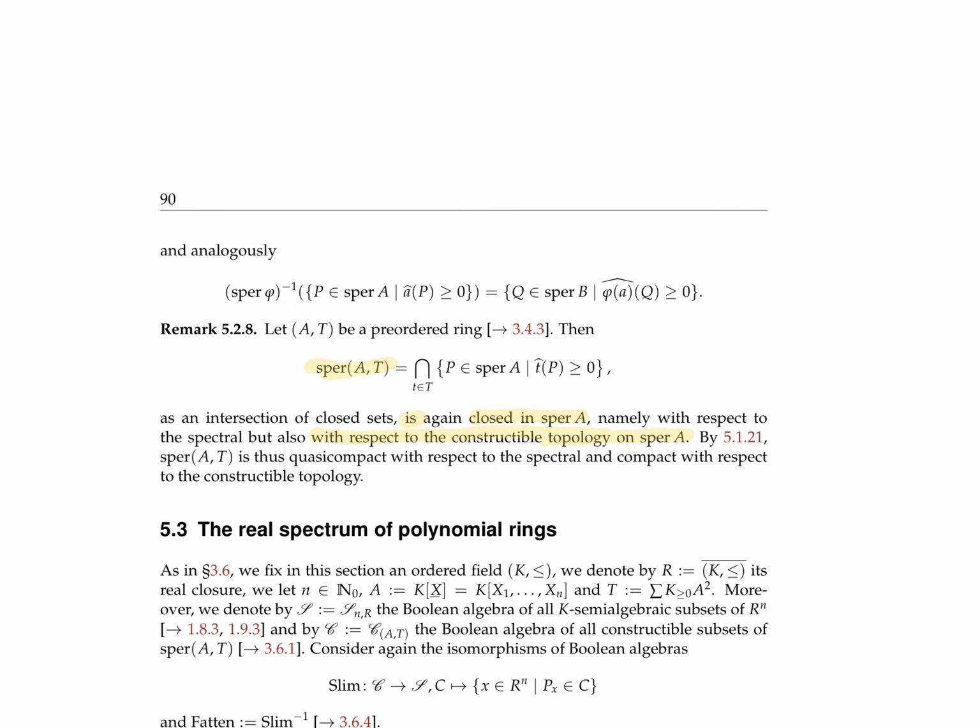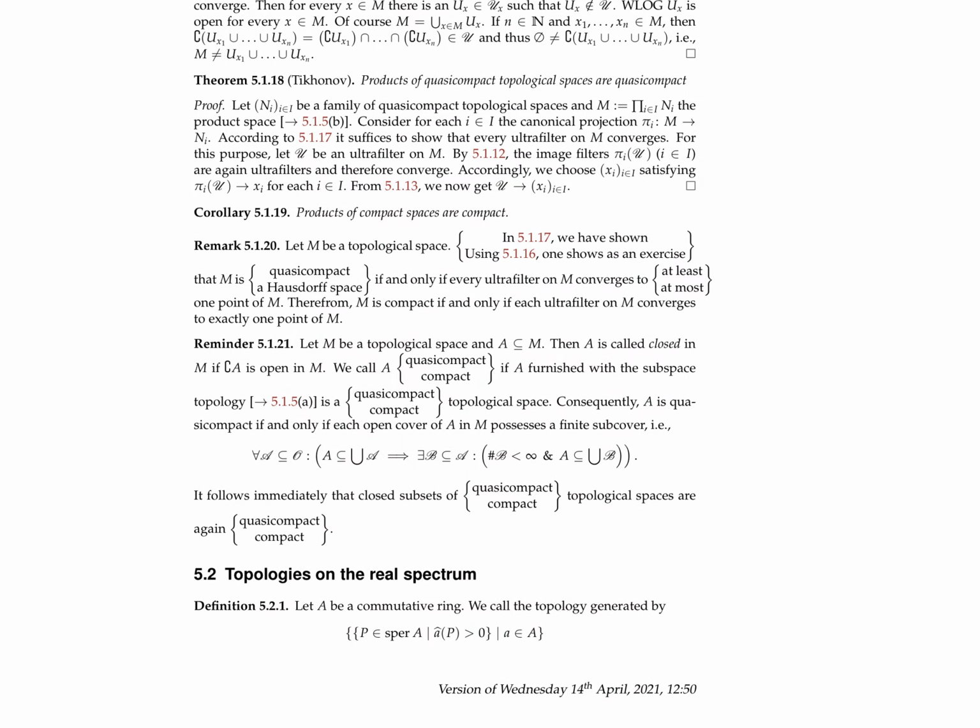that was here, right? So the real spectrum of A_T is compact with respect to the constructible topology, and closed subsets of compact topological spaces are compact.